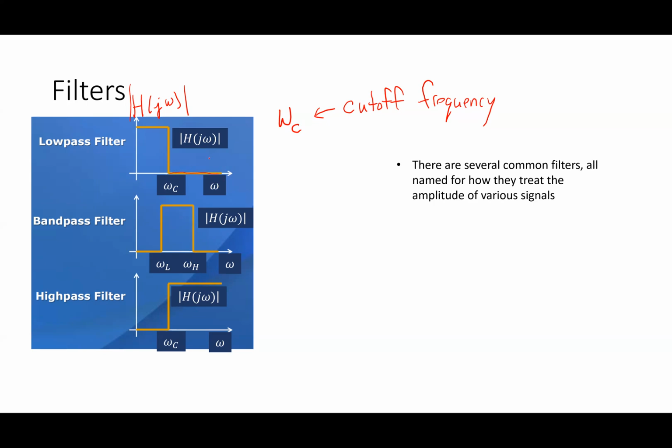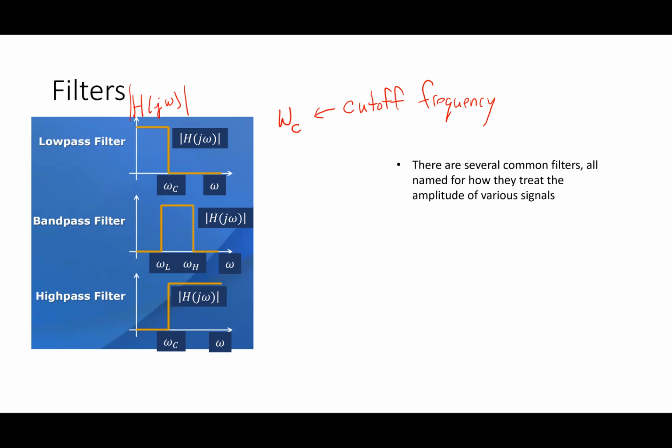At a high frequency, the magnitude of the output is 0. What we're trying to convey with these pictures is: at what frequencies do I have a magnitude of 1, and at what frequencies do I have a magnitude of 0? Because the whole idea is I multiply the magnitude of the transfer function at a particular frequency by the magnitude of the input at that frequency. So how the magnitude changes is what tells you what filter it is?